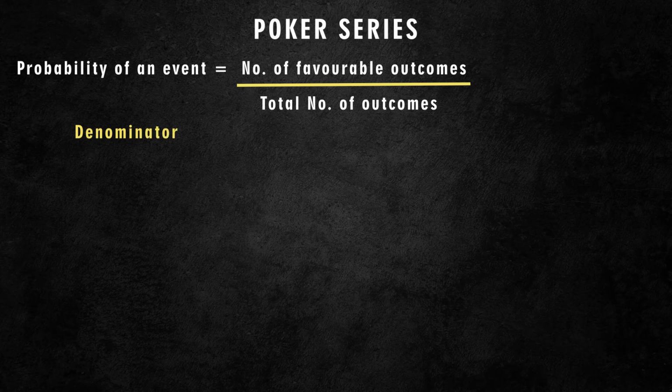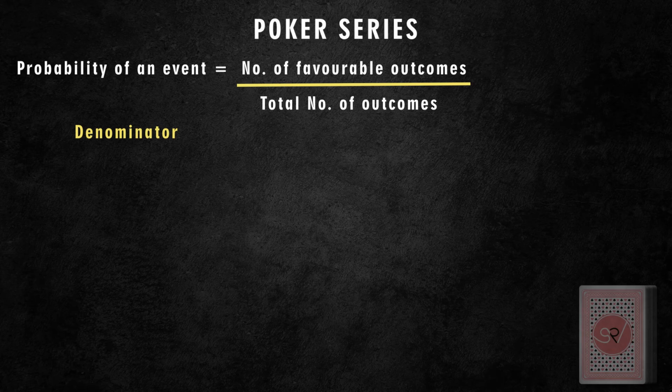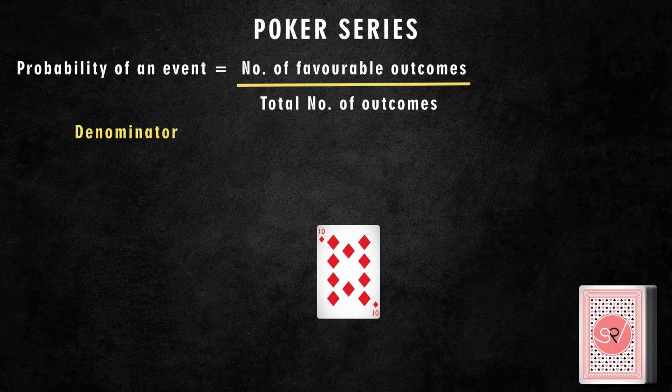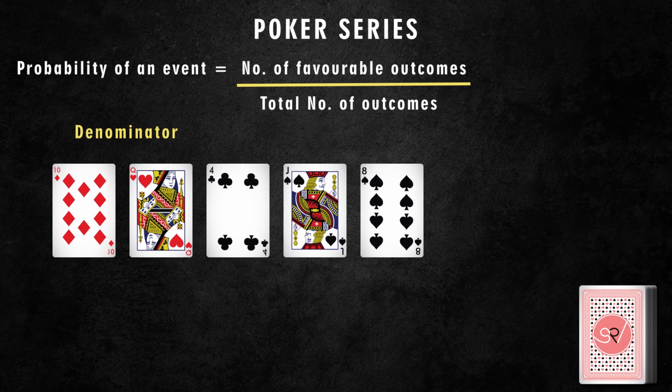Now, the denominator represents the total number of outcomes. For this, you guys need to know how many cards you need to hold in poker, right? Okay, so in poker, you can have any five cards, right? Out of 52 cards in the deck, you can have any of the five cards.